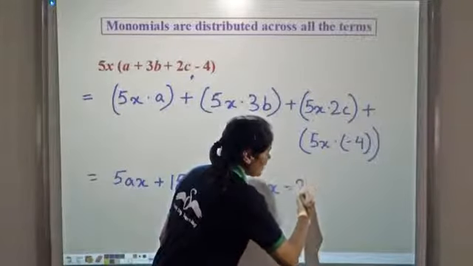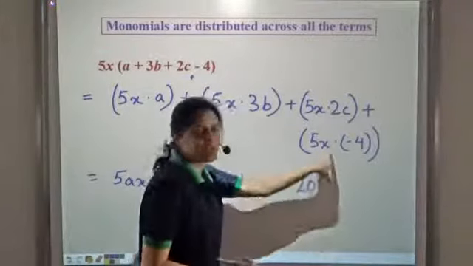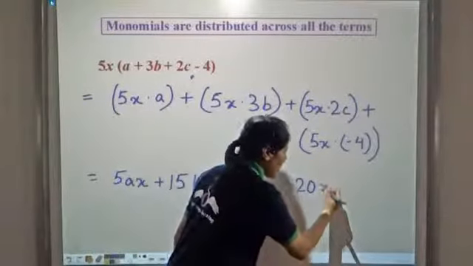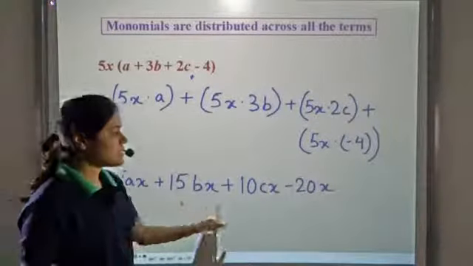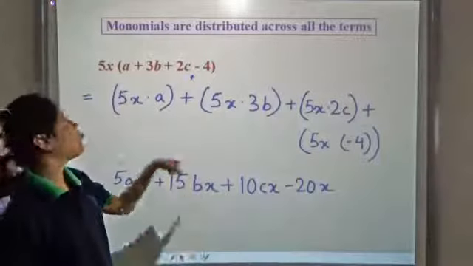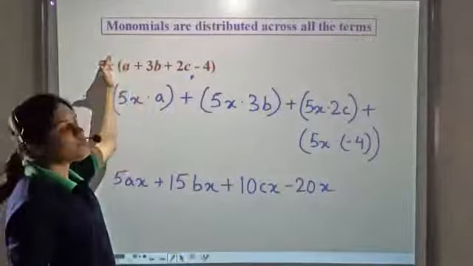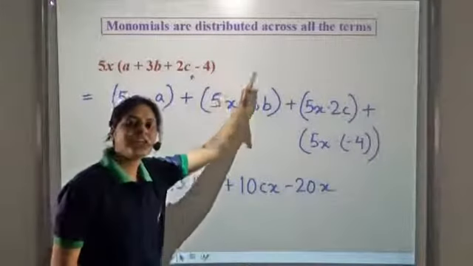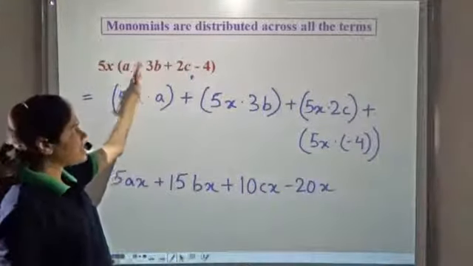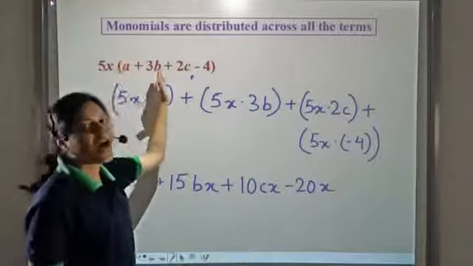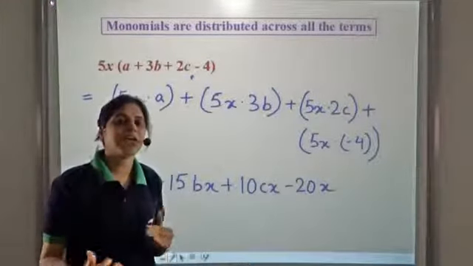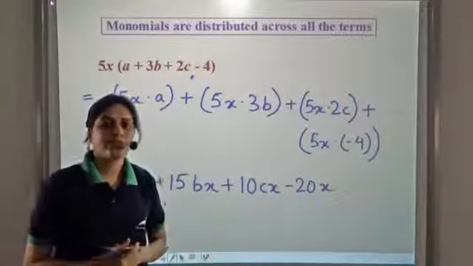So we take it to be negative 20 and we just have one variable x. So this is the answer, and this is how we multiply a term with an expression. We distribute the term over the entire expression, that is, we distribute it across all the terms and then add it.